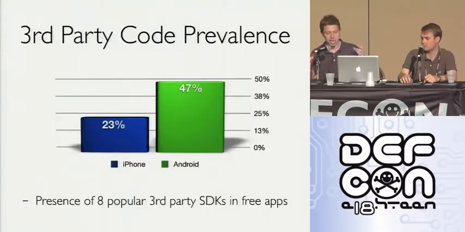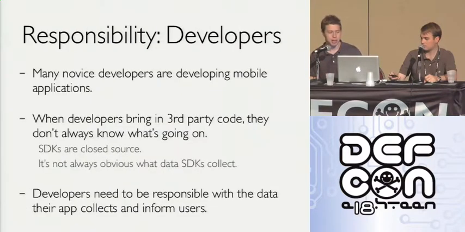And so we looked at third-party code as a whole, and it's actually surprisingly prevalent in applications. And one of the messages we have is developers, when you're bringing in code, understand what it's doing. Because a lot of times it's closed source, and there are a lot of novice developers developing mobile applications, and we think this is a great thing because it's so easy, and I don't like wrestling with bad development frameworks.